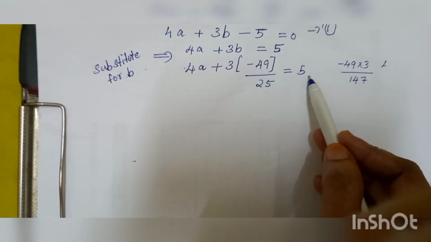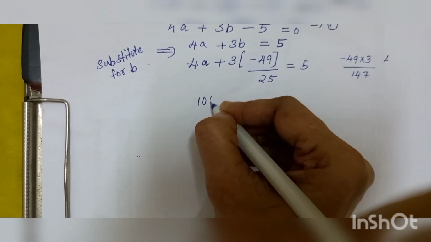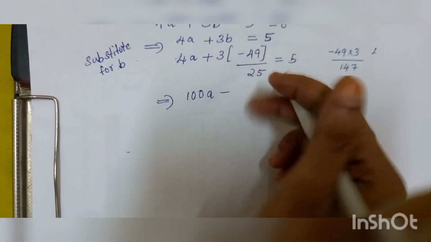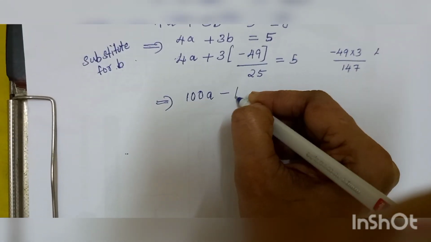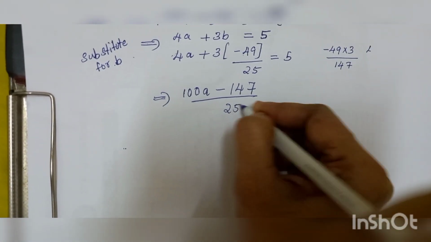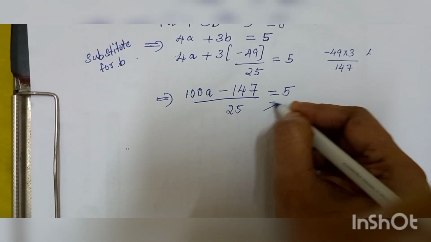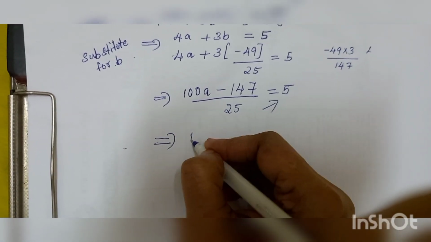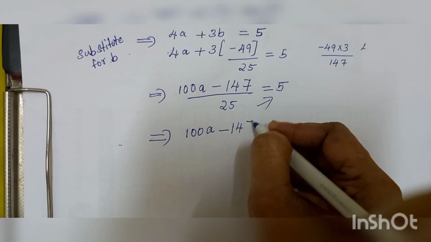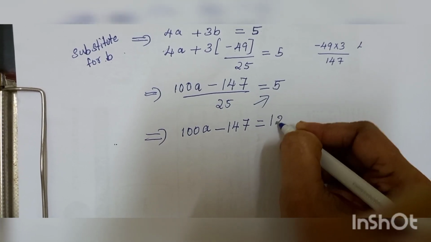So taking LCM we get 100a plus 3 into minus 49, so it becomes minus 147, whole divided by 25 is equal to 5. Cross multiply: 100a minus 147 is equal to 25 into 5, which is 125.